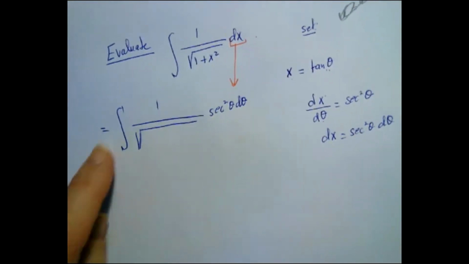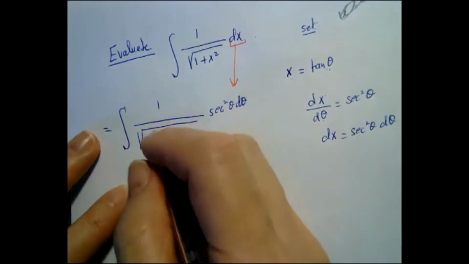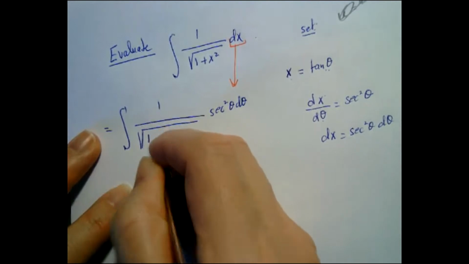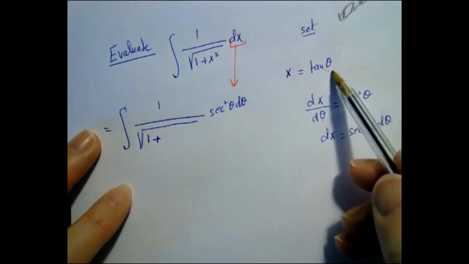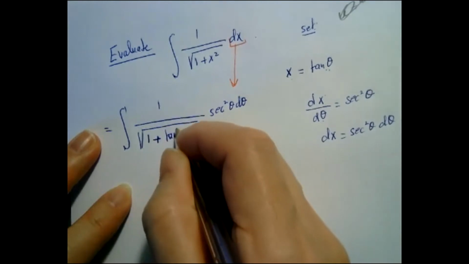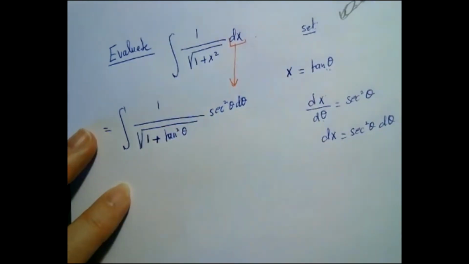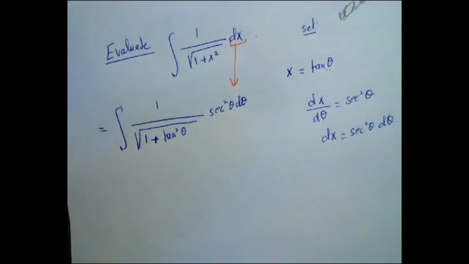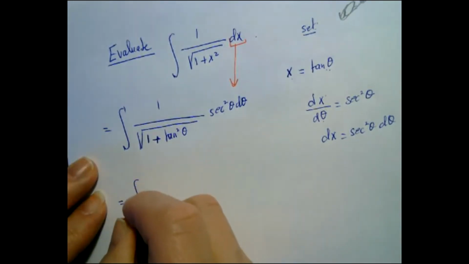And 1 plus x squared will become 1 plus tangent squared theta, since x is tangent theta.